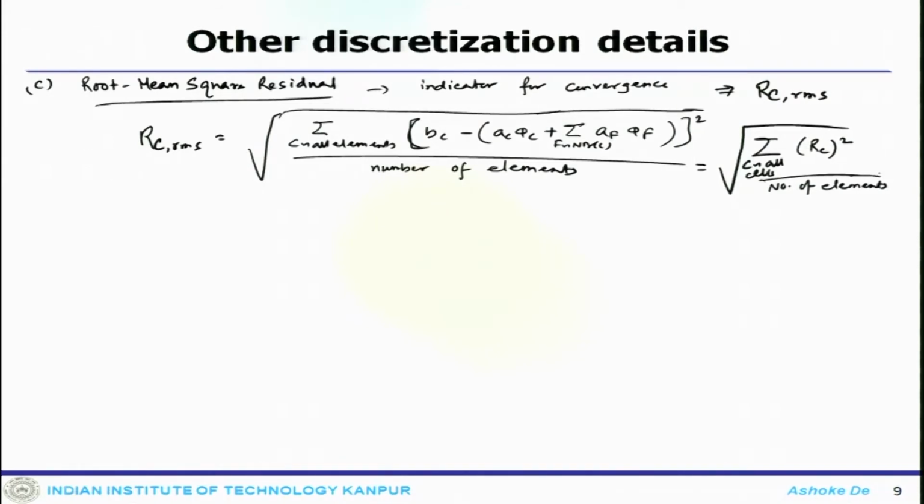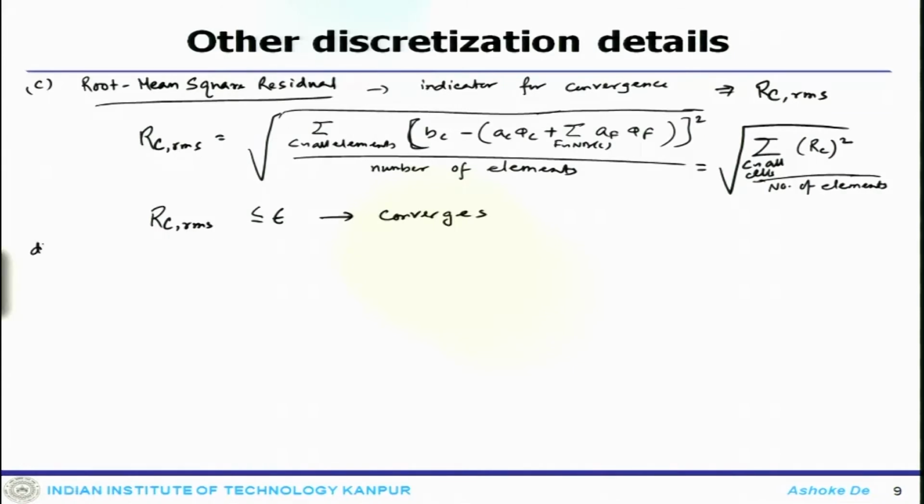You calculate the individual cell residual, take the square of that, sum over all the cells, divide by the number of cells, and take the square root of that. For the convergence criterion, one has to require that RC RMS be below a specified norm, and then the solution is converging.